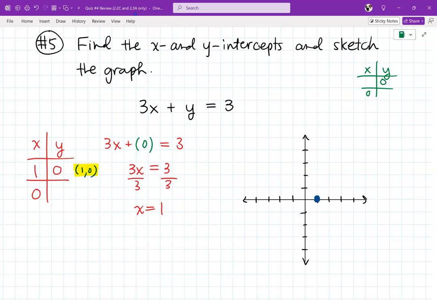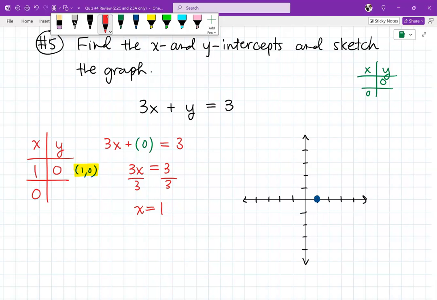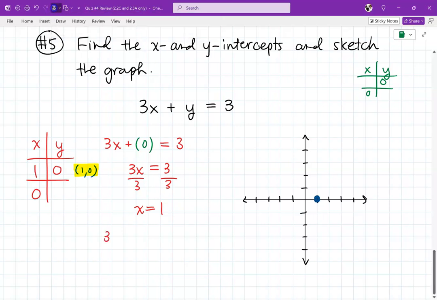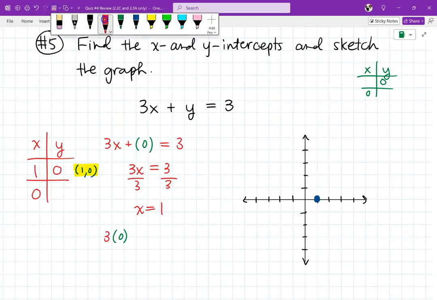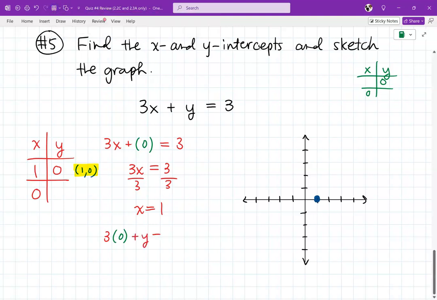Now let's do the other one. Let's let x equal 0. So 3 times 0 plus y is equal to 3. Well, 3 times 0 is 0. So all I basically have is y equal to 3.